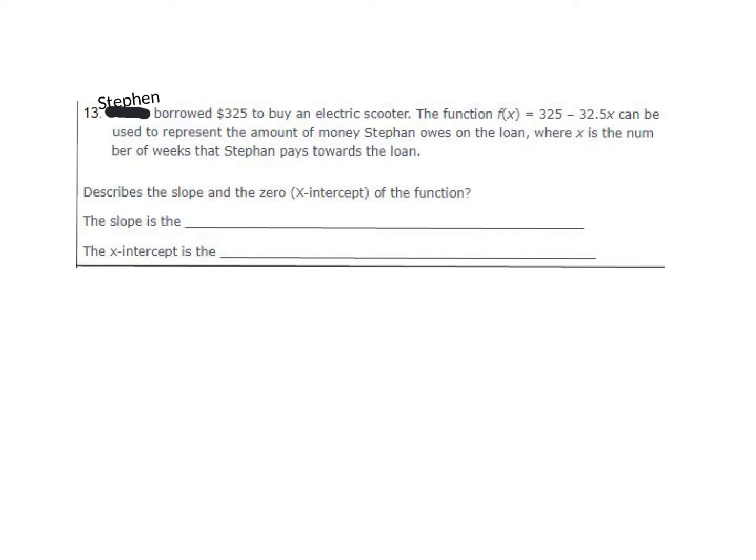Remember, when we talk about slope, we're referring to y equals mx plus b. Now, in this example, we see that Stephen has borrowed $325 and we are subtracting 32.50 times x.